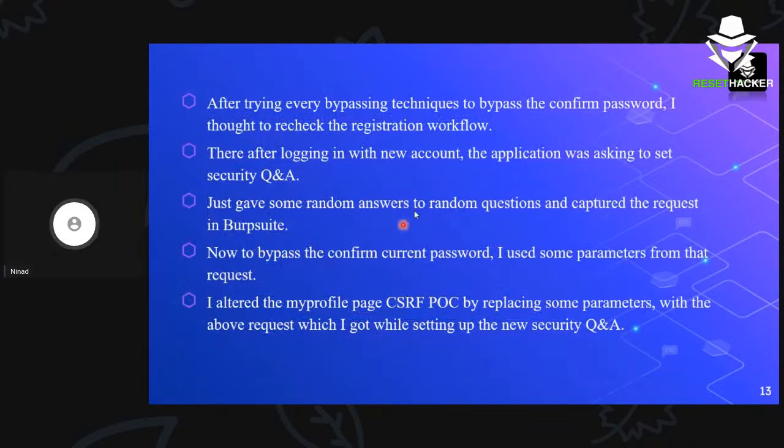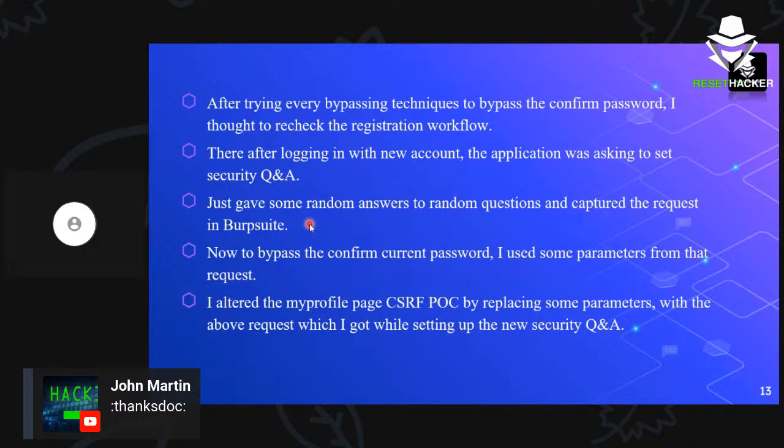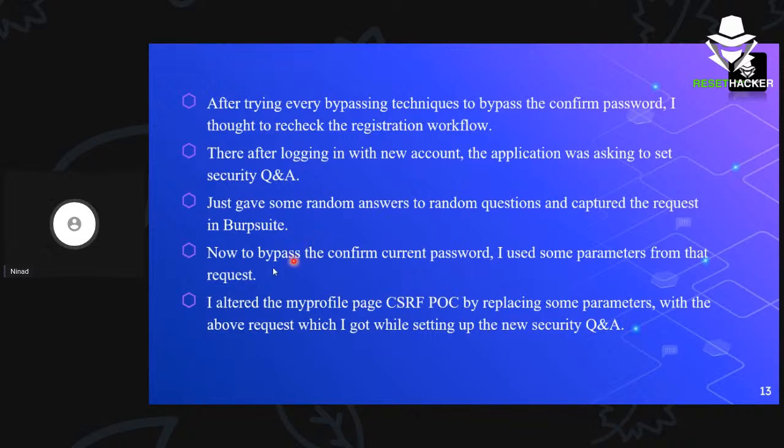When I was shown the screen for setting up a new security question and answer, I just gave some random questions and answers, clicked submit, and captured that request in Burp Suite.